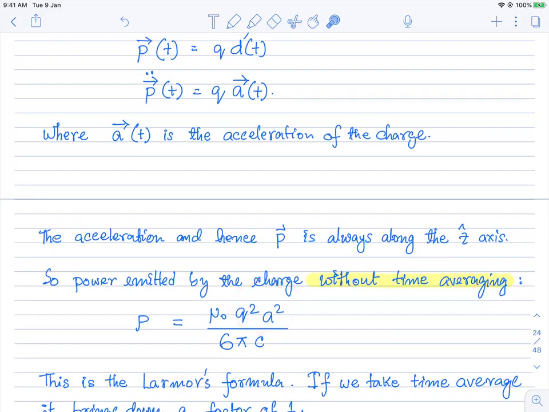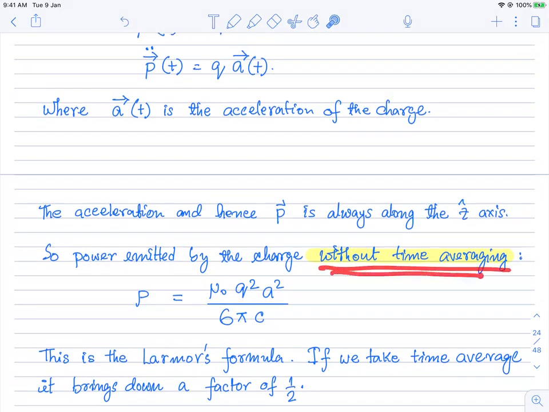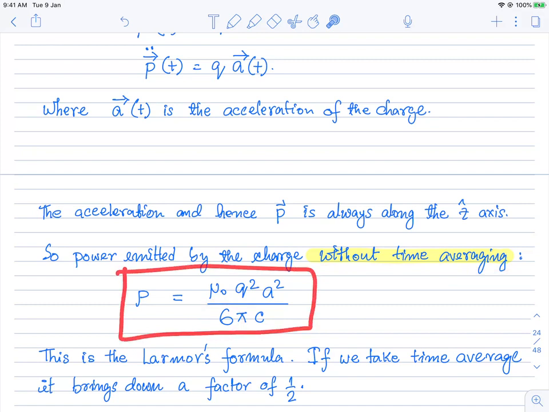Again, here we haven't done the time averaging, so it's not 1 over 12, but 1 over 6. So this is the formula which is called the Larmor formula for the moving charge.